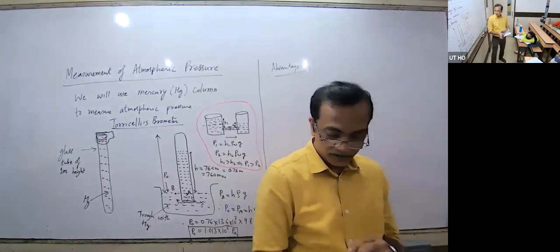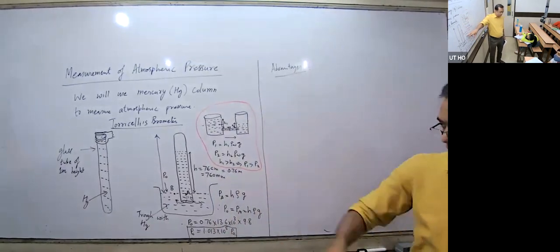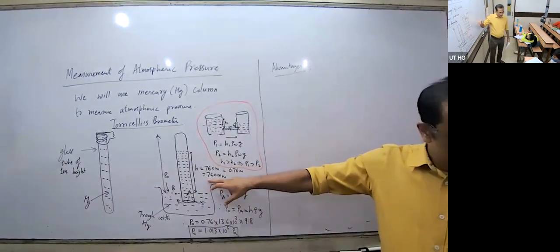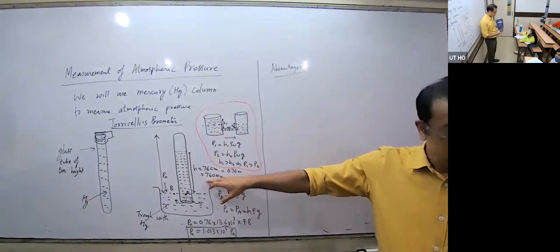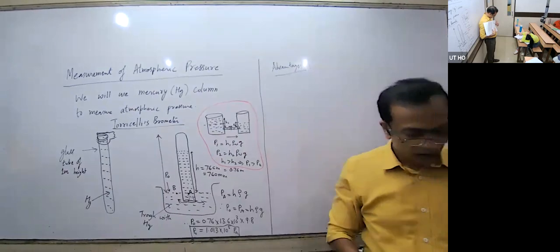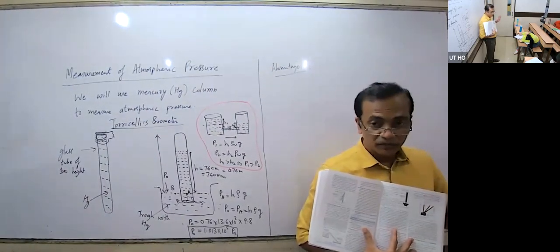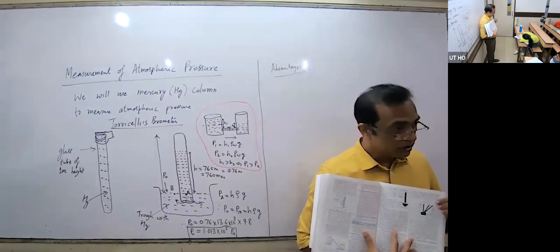Achha, one more thing. We said this height is 760 millimeter or 76 centimeter, right? Now if you tilt it, like here, this height from the free surface of the mercury, the vertical height, remains the same. It is not going to change. Understood?